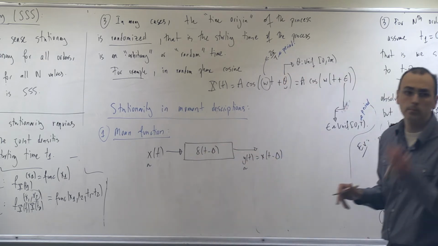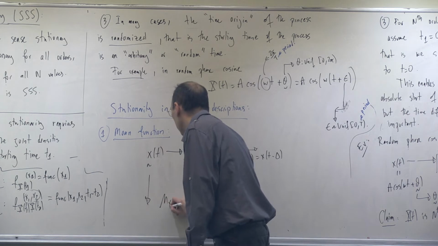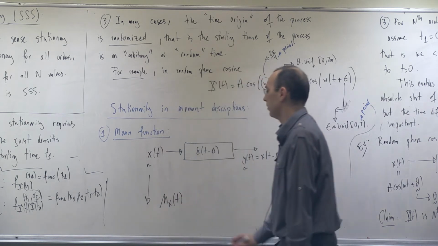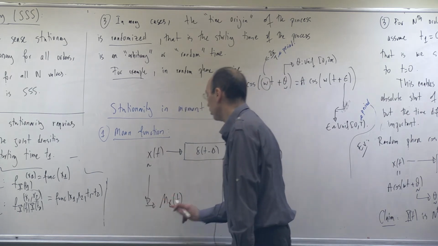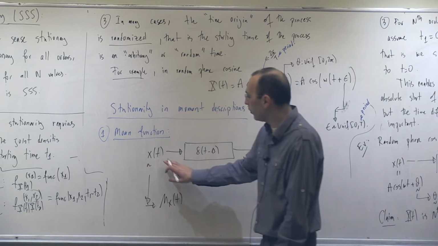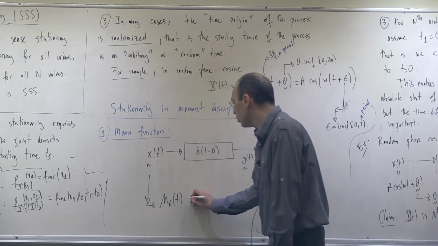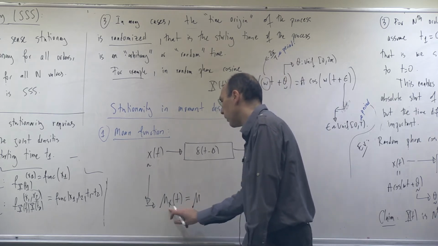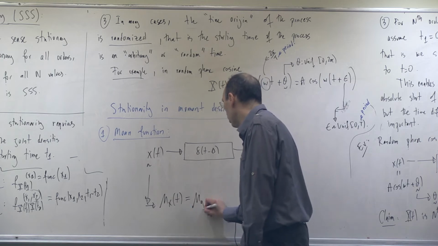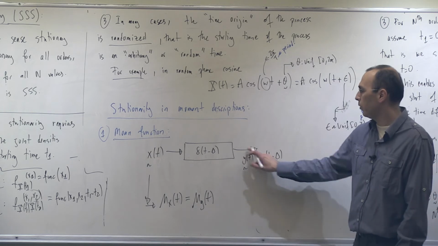Input, output. Now, this has a definition like this. So this is the mean function. Do you remember? This is the expected value of x of t, or t1, whatever. This function of time should be equal to the expected value of y of t.